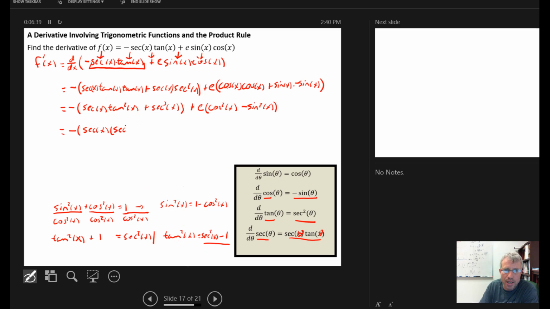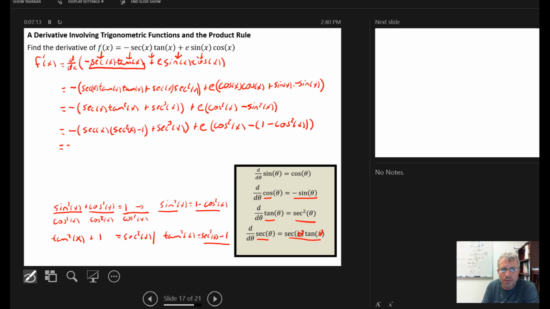So I get the secant squared of x minus 1, close parentheses, plus the secant cubed of x, close parentheses, plus Euler's number E, times the cosine squared of x minus parentheses, the sine squared can be replaced with 1 minus the cosine squared, using the Pythagorean identity from trigonometry. And then close the parentheses because we're distributing E into every term. And then simplify a little bit.